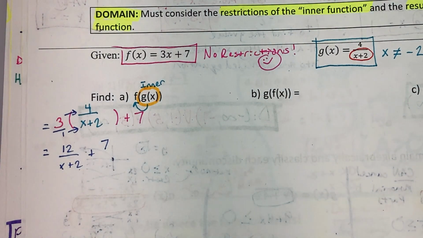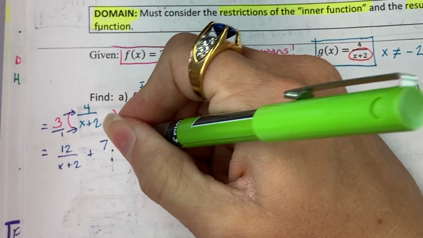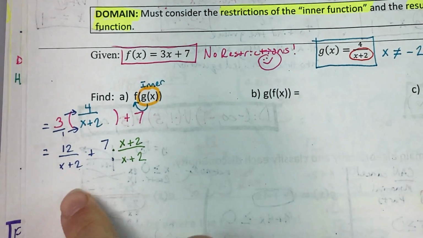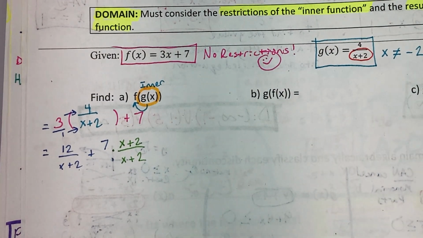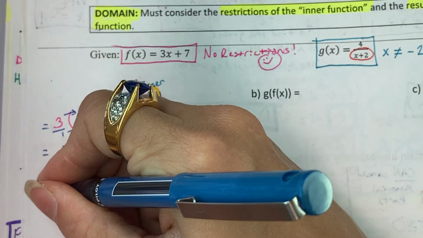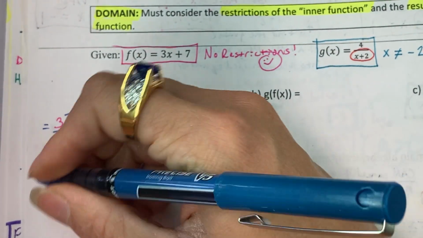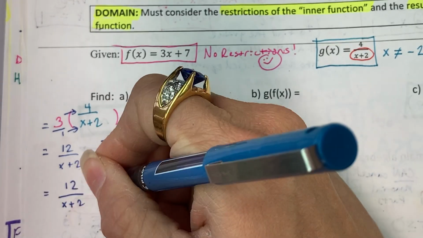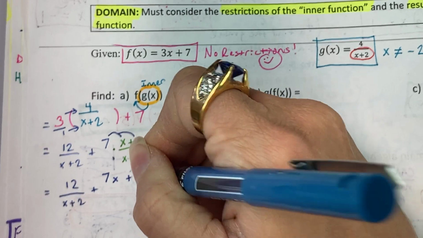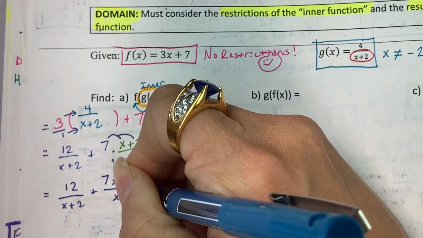Now, if I wanted to simplify this a little bit further and write these as one fraction, we could multiply the 7 by a creative form of 1, or by the denominator over the denominator, so that I can get these to have a common denominator so that I can add them together. So multiplying by that creative form of 1, we get 12 over x plus 2 plus 7x plus 14 over x plus 2.